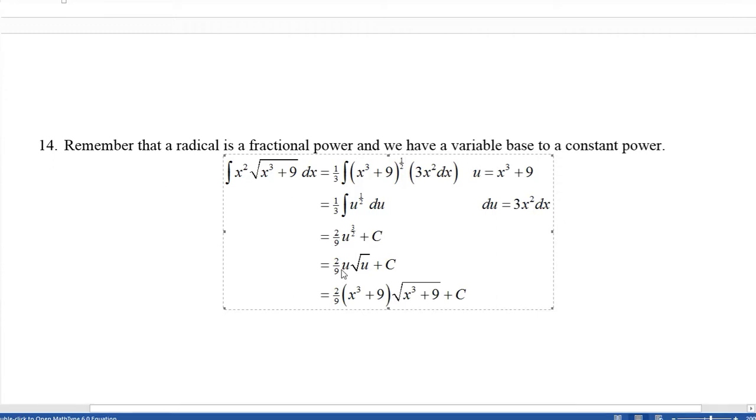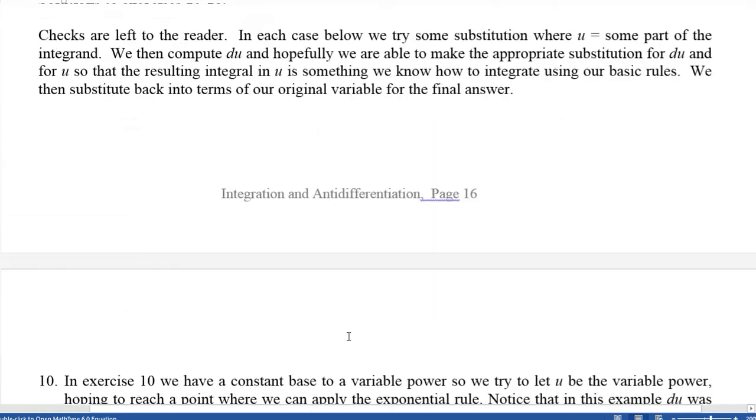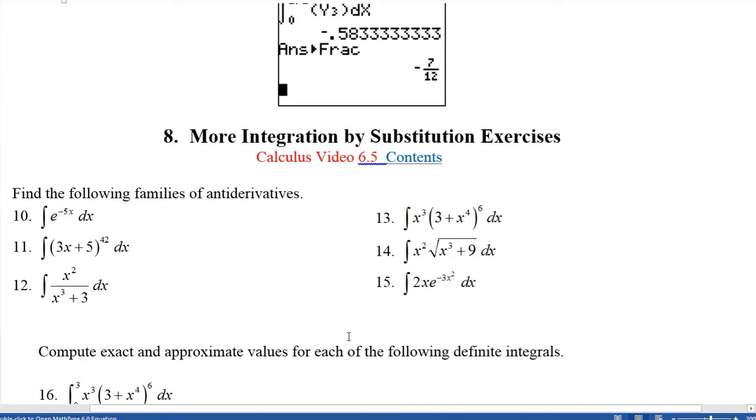And so that becomes u to the first times u to the 1/2, which is u times the square root of u. In other words, divide the 3 by the 2: the quotient 1 is the power outside, the remainder 1 is the power inside. And now I substitute back in x cubed plus 9 in place of u, and that's the final answer there.